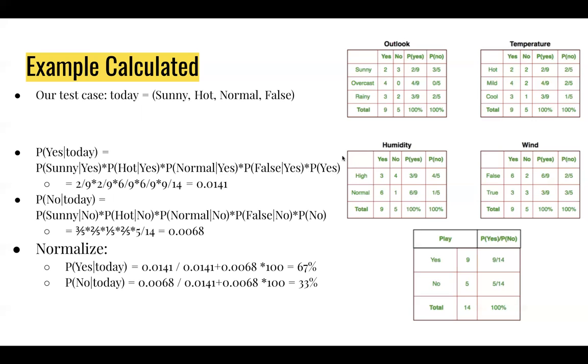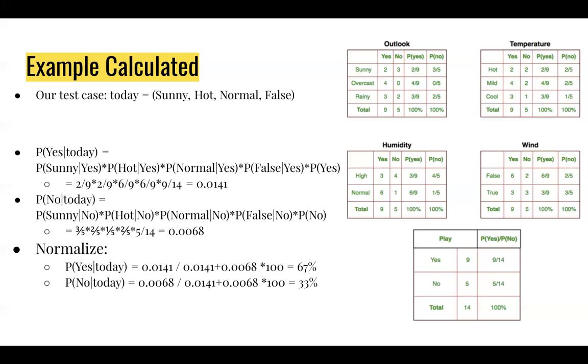The probability of yes itself is the total yeses divided by the total, which is 9 plus 5, so 14. We multiply all of those together, and then we get our resulting value.